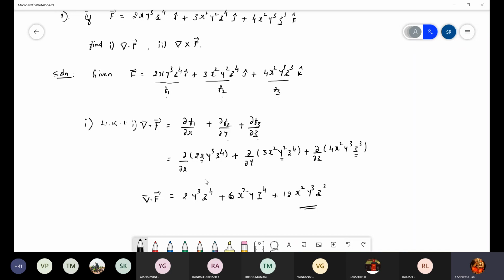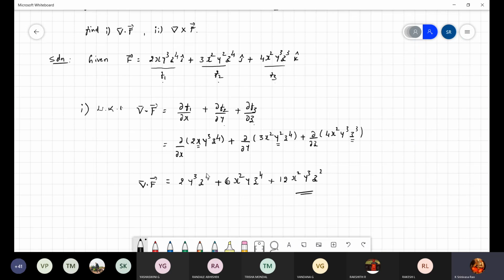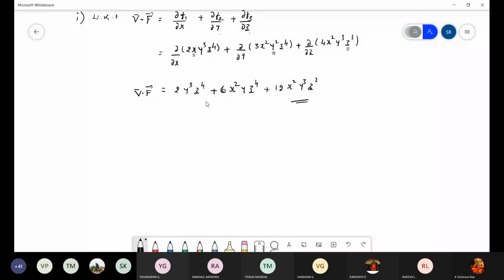Similarly, the second one. We know that curl f, del cross f, equals the determinant: i, j, k is the first row.